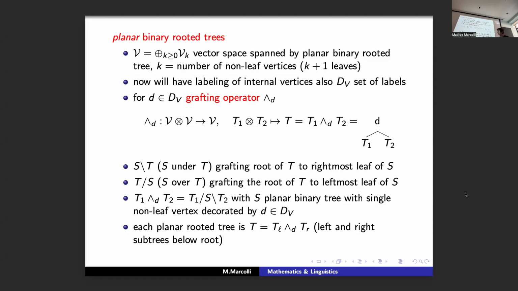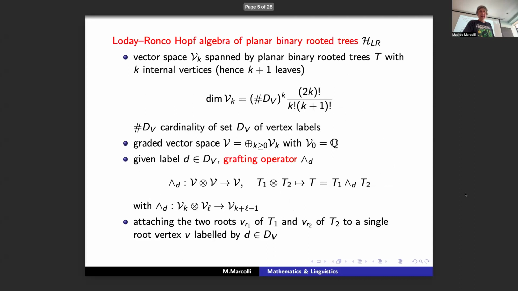And of course, this operation is just the combination of these two, where S is simply the single non-loop vertex. And also, because they're planar trees, there's always a unique way of writing your tree using this operation as a left part and a right part of that tree.